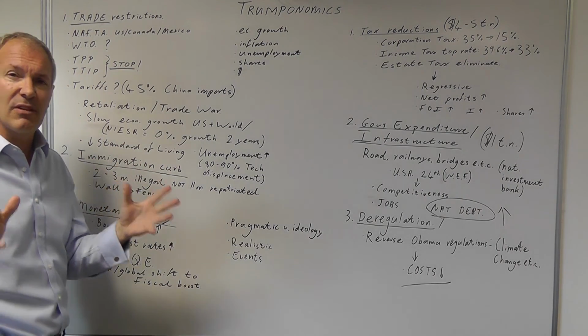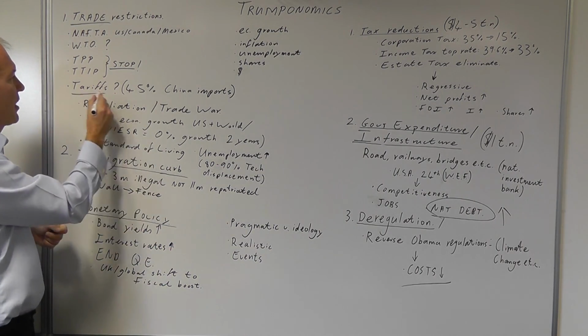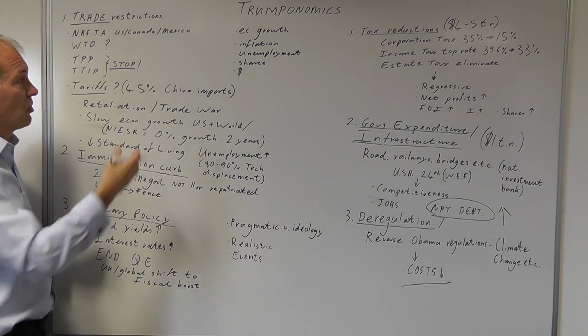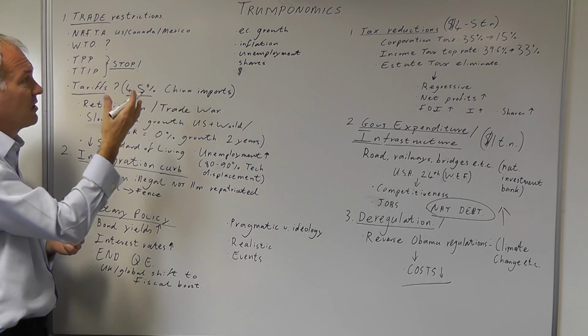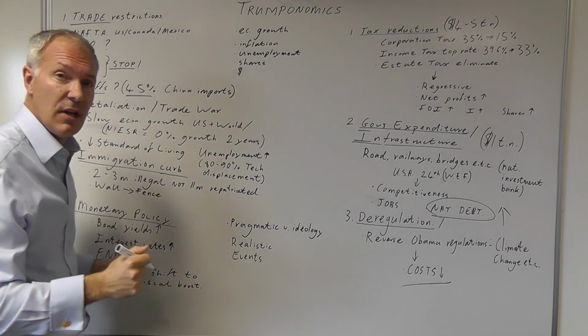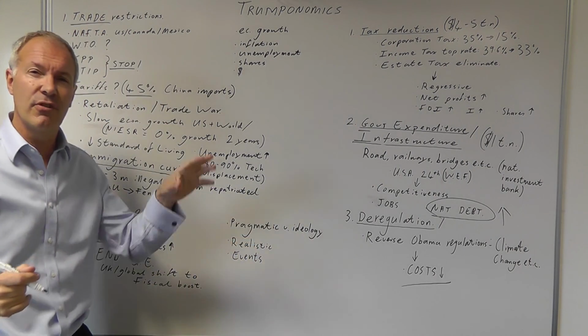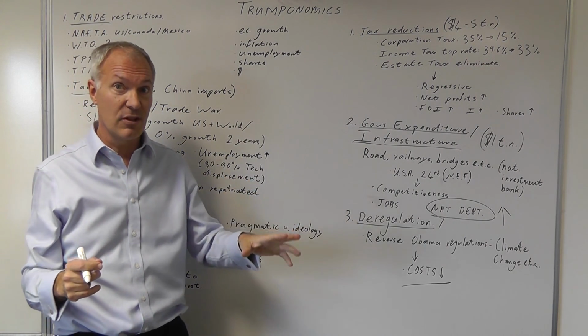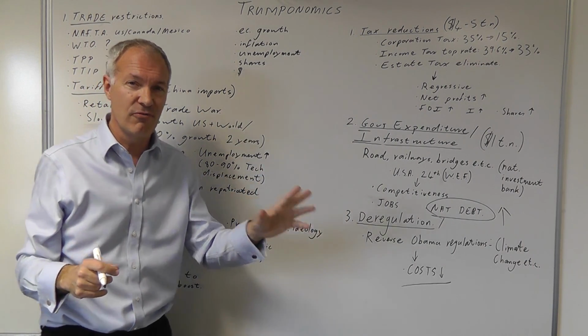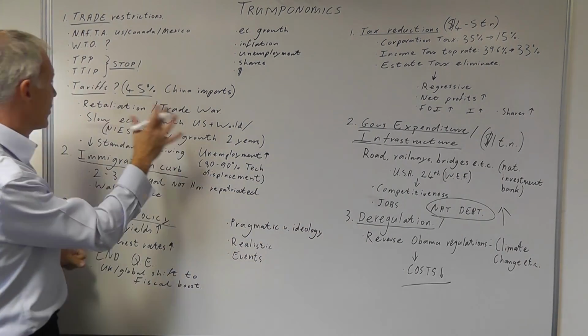Now, the most alarming thing that he's said is perhaps to do with tariffs. He's threatened China, Mexico to an extent, but China with 45% tariffs on imports. Now, the US hasn't done this since the Hoover days of the 30s, which prolonged significantly the Great Depression of the 1930s. Is this going to happen again?